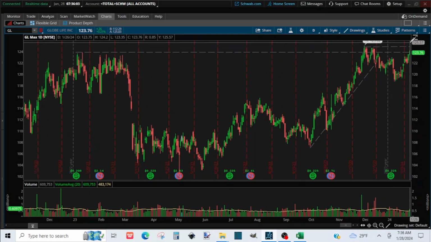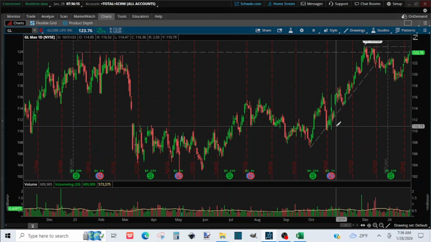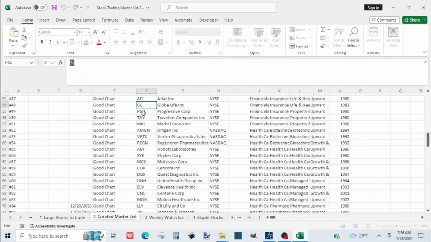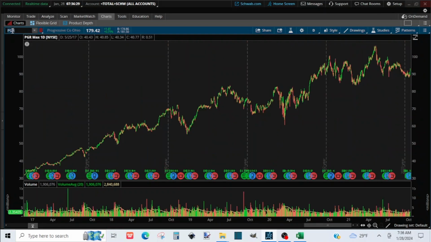It needs to surpass it, go up, go back and sit on it, and start going up from there, and needs to deal with this one as well before we get in. So I'm not going to add it. It has a lot of obstacles to overcome first. And I don't think it's going to do all of that during the week.